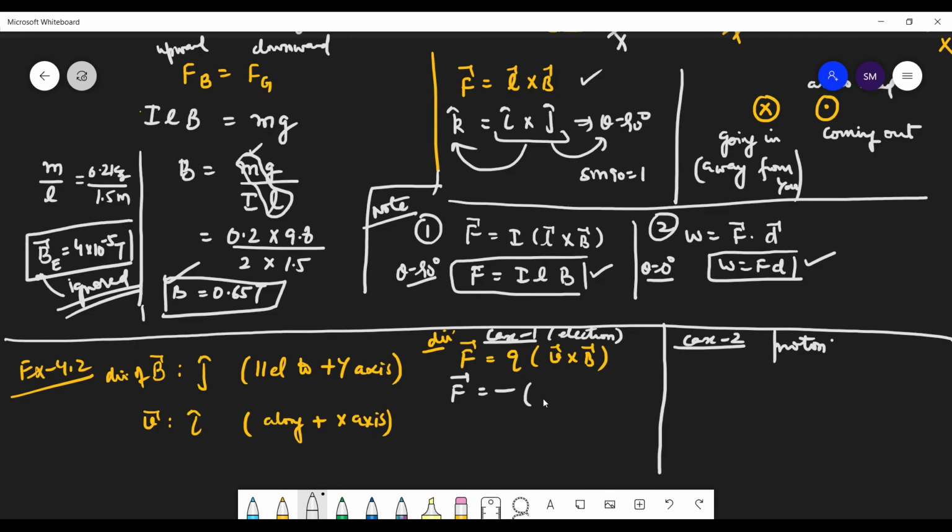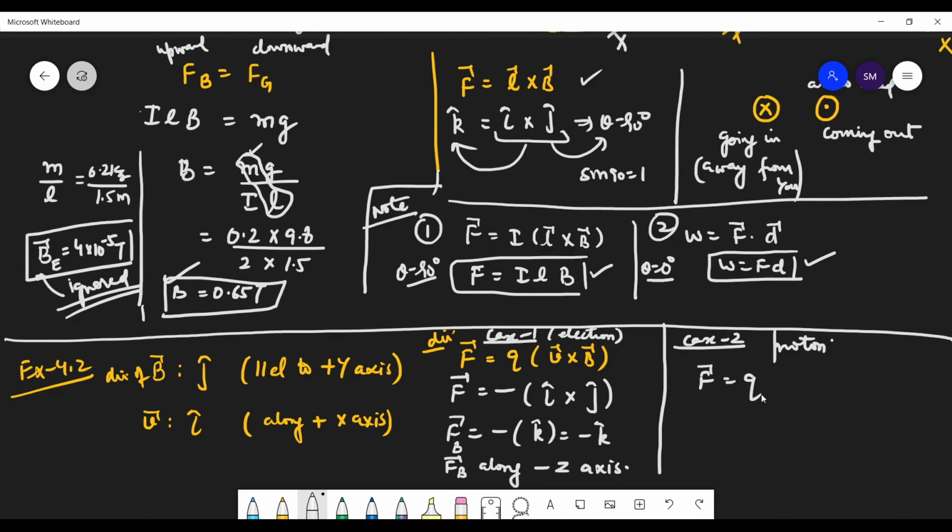So V is your i, B is your j, right? So what is the direction of F? So i cross j is your k, so with the negative sign that's minus k cap. So FB will act along minus z axis, right?